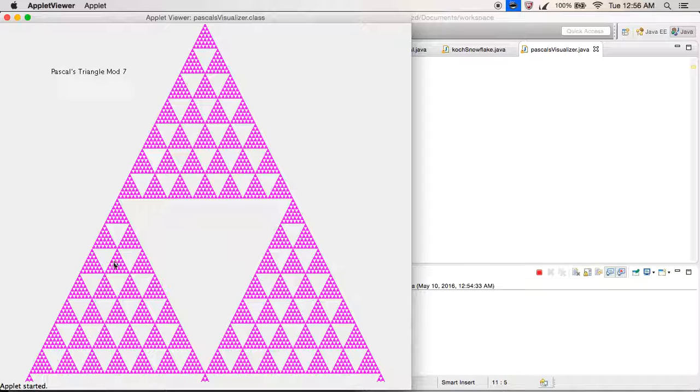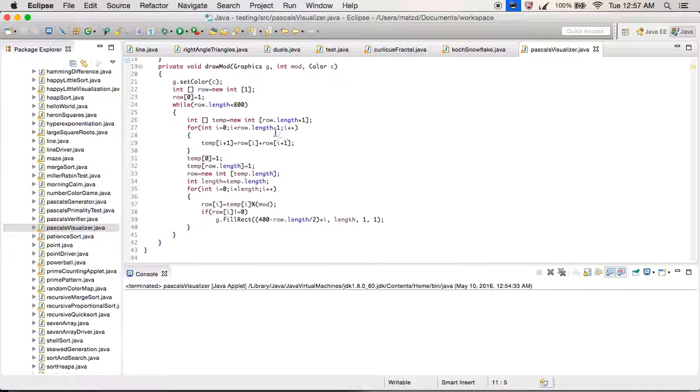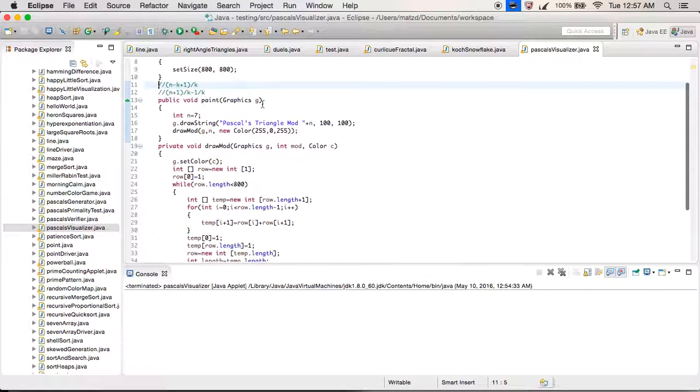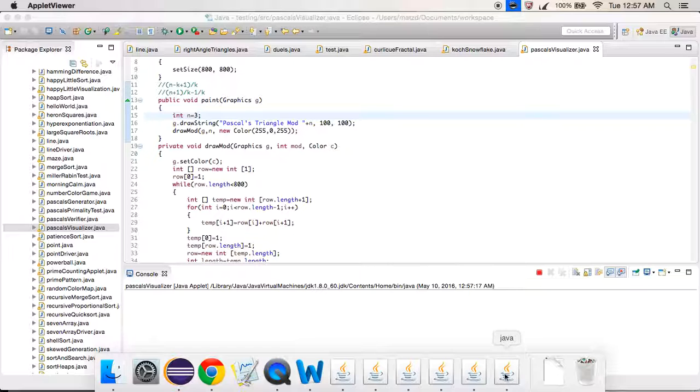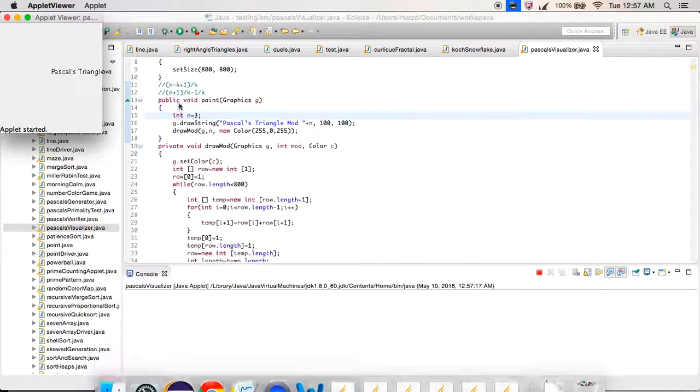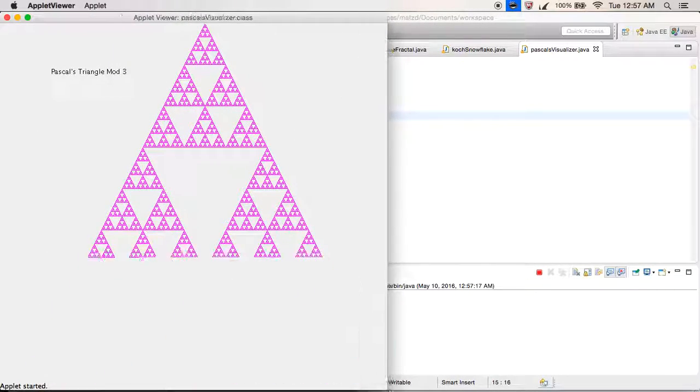If you shade Pascal's triangle based on numbers divisible or not divisible by 7, what you actually get is a fractal called the Sierpinski Carpet, which looks kind of like this. And it depends on what number you use, but as long as it's a prime number, it looks generally like this.